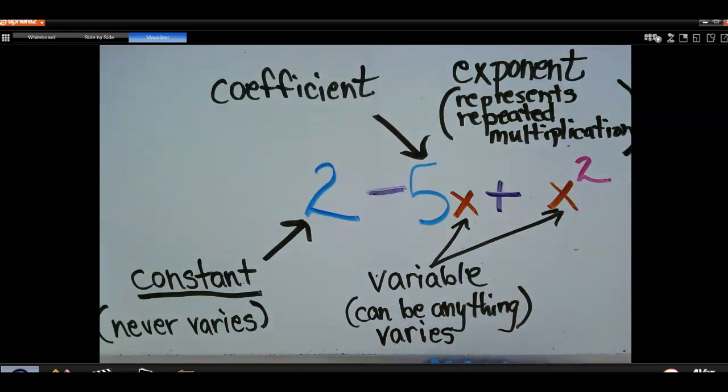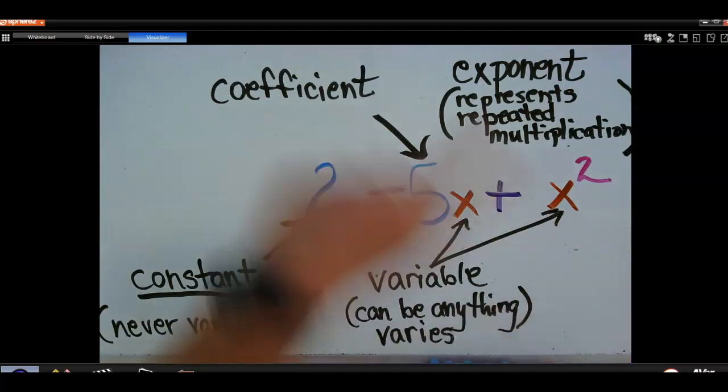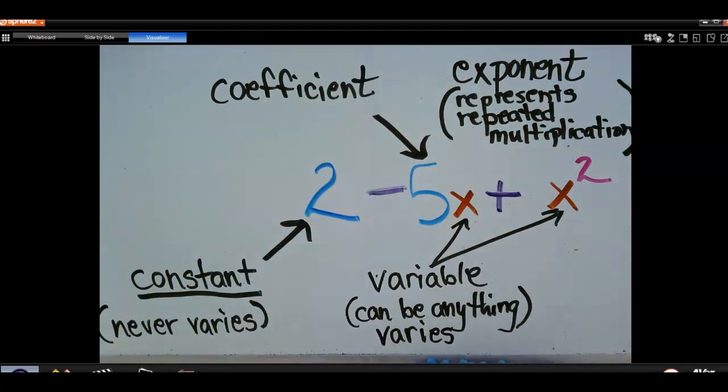These are called exponents, and exponents are just a shorthand way to represent repeated multiplication. Now we'll go into this in more detail, but for now, let's just accept that what this stands for is x times x times itself. Okay?